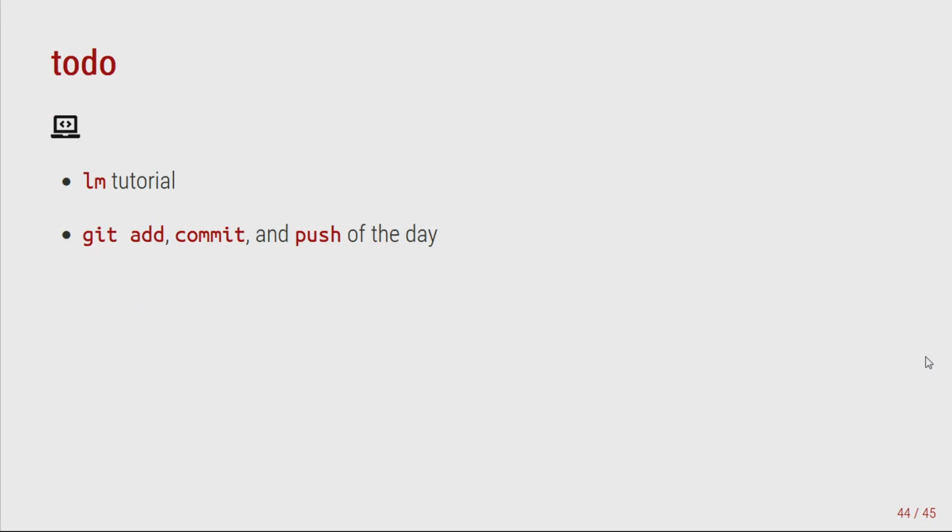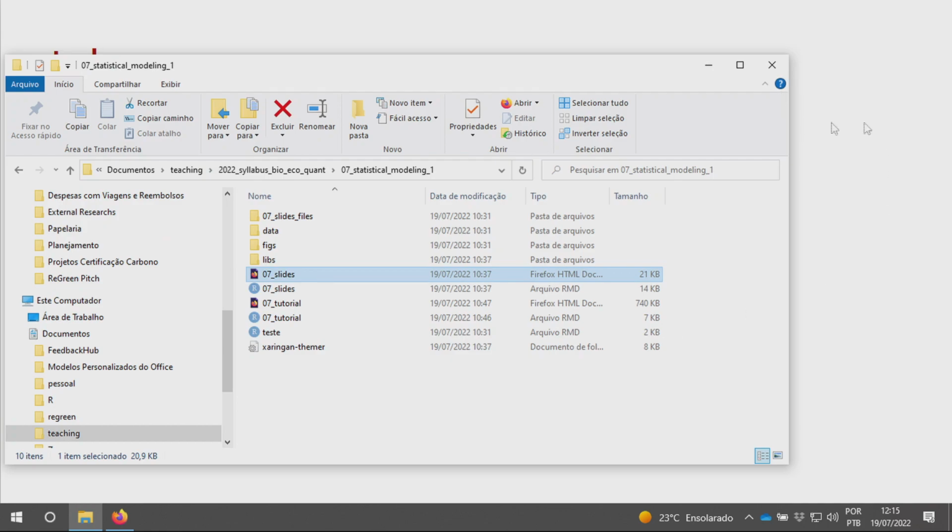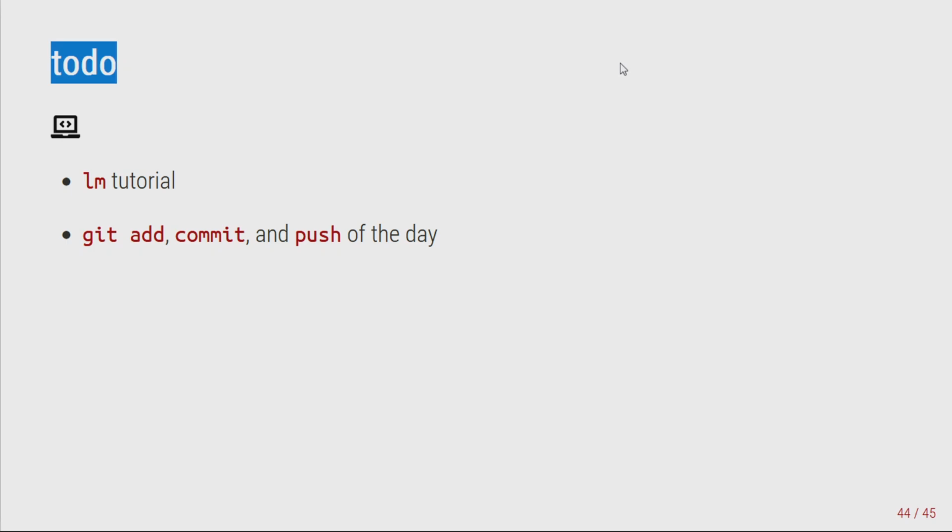So let's go to the tutorial because I want to show you at least how, after doing a model, we can do the diagnosis of the model visually in R. So we will go back to here.